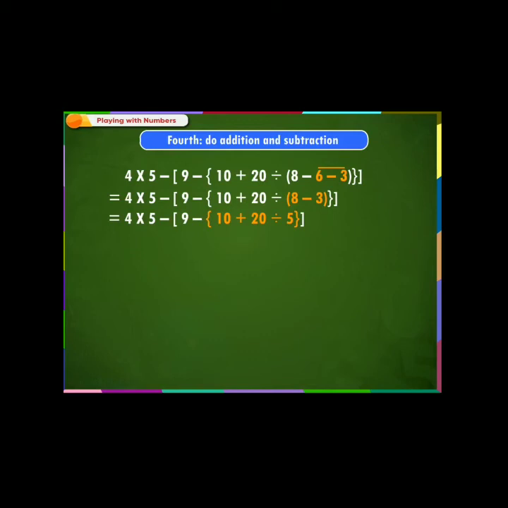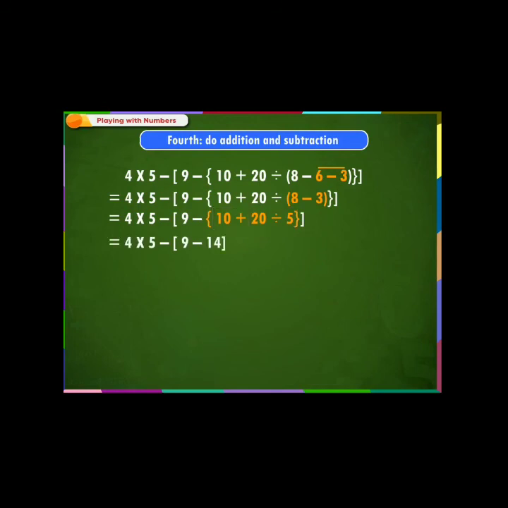Next, we need to solve the curly brackets. Now, inside the curly bracket, we see that there are two operations, addition and division. Here, we are going to use the BODMAS rule inside these brackets. Since division comes prior to addition, we divide 20 by 5, which is 4, and then add 10 to 4, which gives 14. We still see the rectangular bracket in this expression. We solve this first.